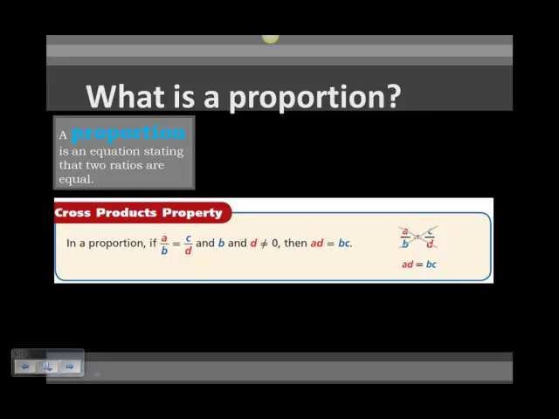Now what this cross product property is saying is that anytime you have a proportion, one ratio equal to another, if you cross multiply, so A times D and C times B, those cross products will be equal. So in a proportion, the cross products are equal.